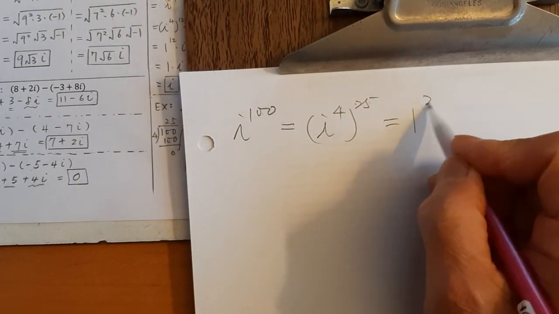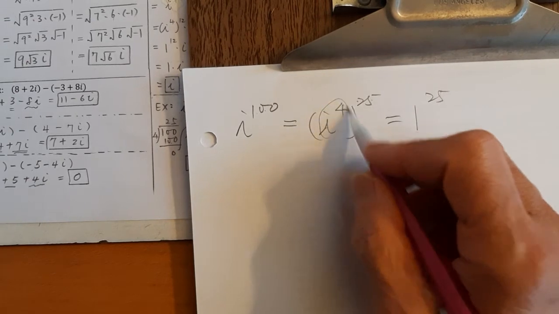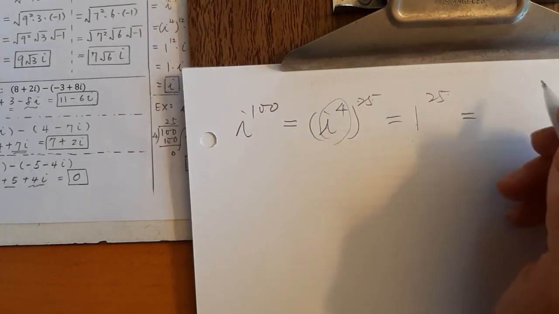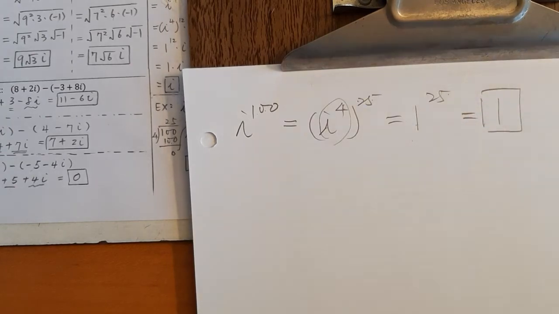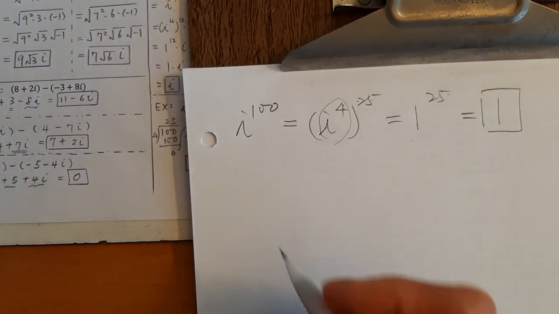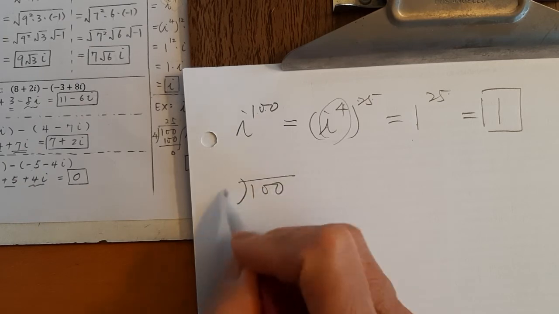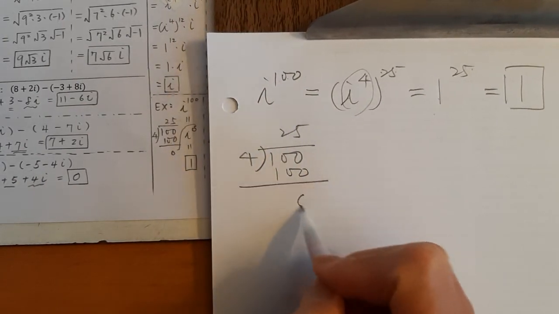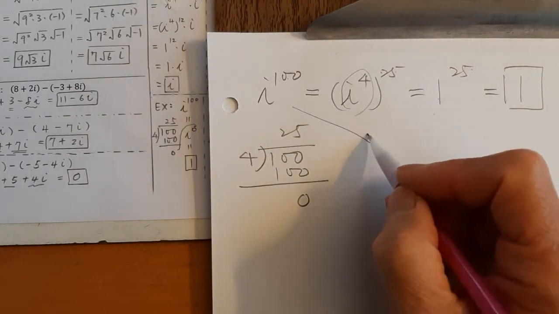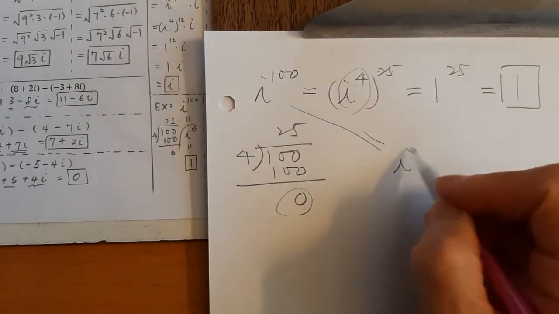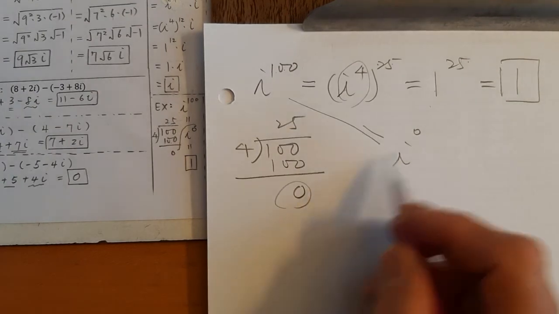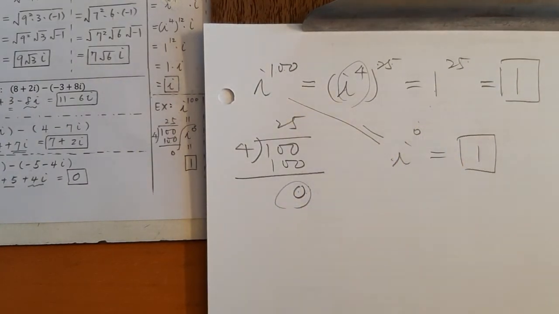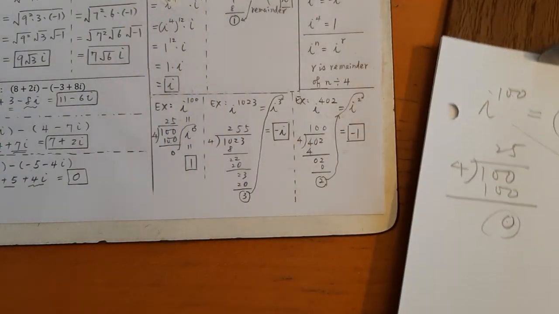It's 1. 1 to the power 25 is 1 times 1 times 1, 25 times, still 1. So the quick way is, 100 divided by 4 gets 25 and the remainder is 0. So this equals i to the power remainder 0. i to the power 0 is 1. That's a quick way to do it.